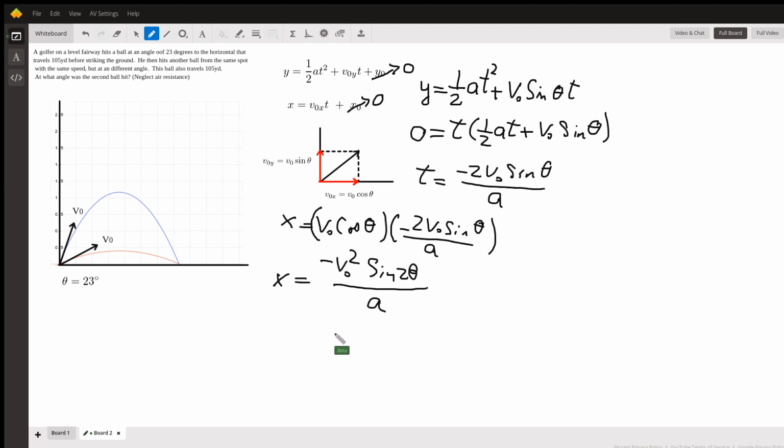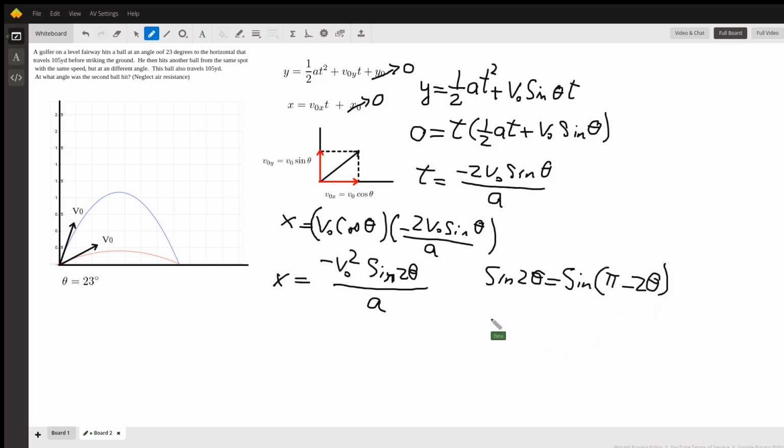Okay. So any angle that gives us the same sine will give us the same x value here. And since sine basically repeats itself, we know that sine of 2 theta is the same as the sine of pi minus 2 theta.